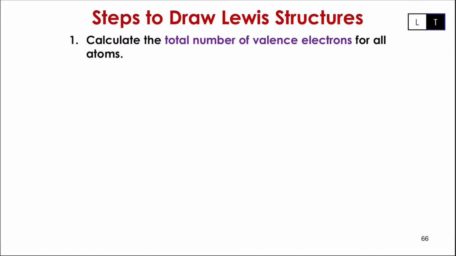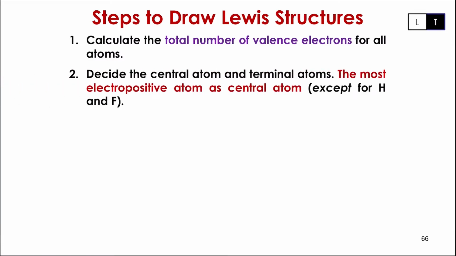First, calculate the total number of valence electrons for all atoms in your compound. Next, determine which atoms in your compound should be the central atom and which should be the terminal atoms. Kebiasaannya central atom hanyalah satu atom sahaja.